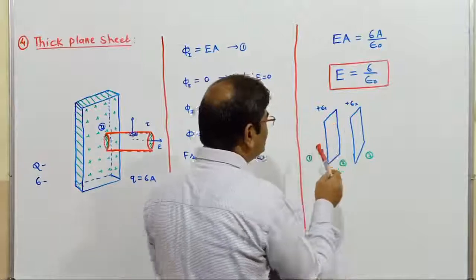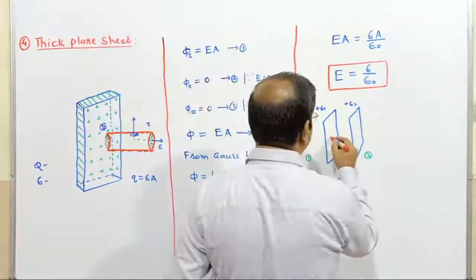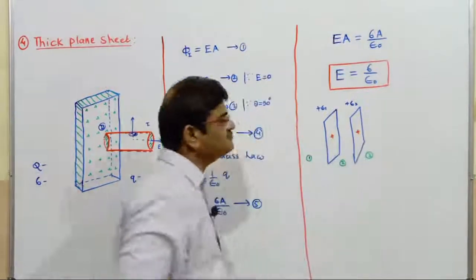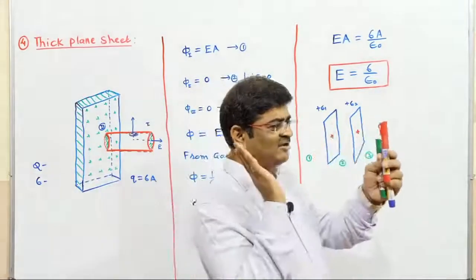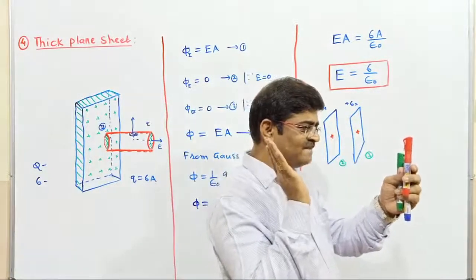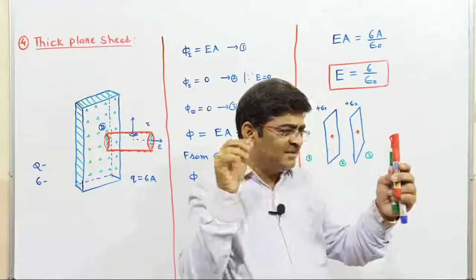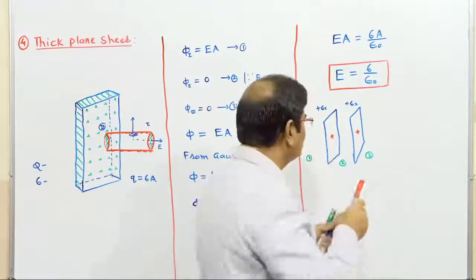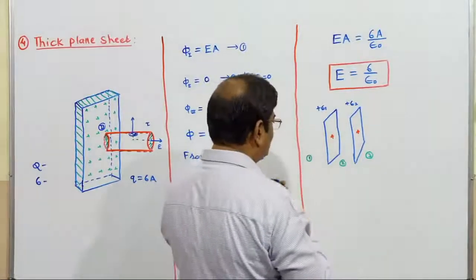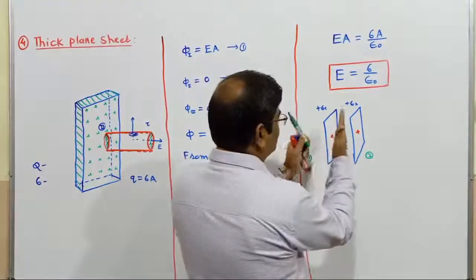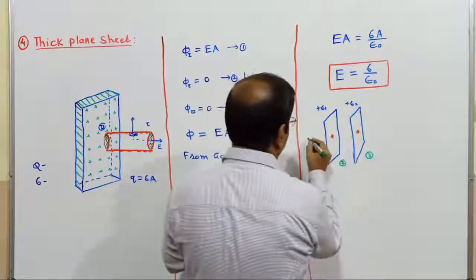As I mentioned, charge is positive. So electric intensity in the neighborhood of a sheet I know, along the line perpendicular to the sheet. So contribution by this sheet here I will work out, and it is going away.